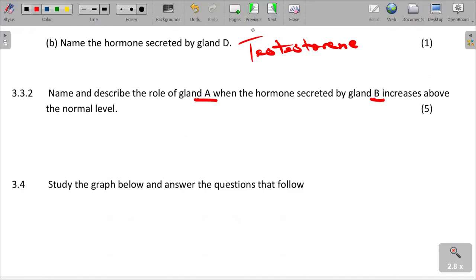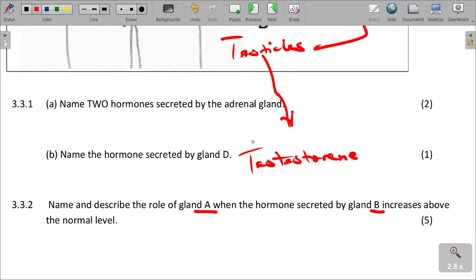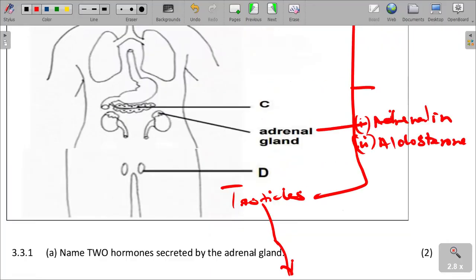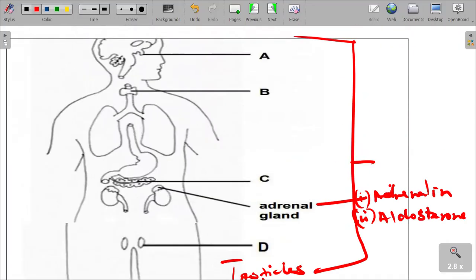So gland A, name and describe the role of gland A. Gland A, we can say, is the hypophysis, the pituitary gland. It is the pituitary gland.